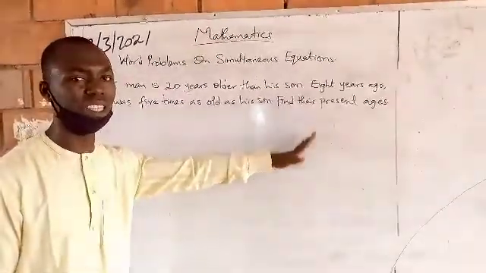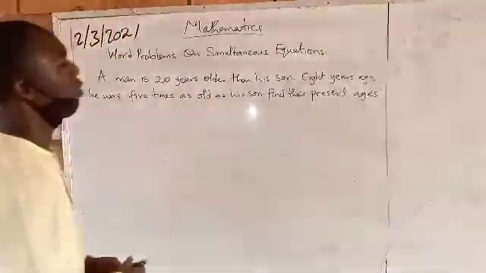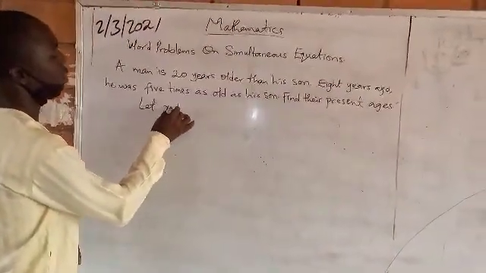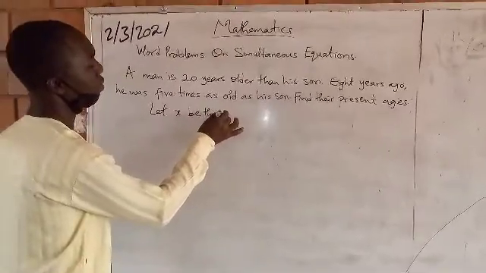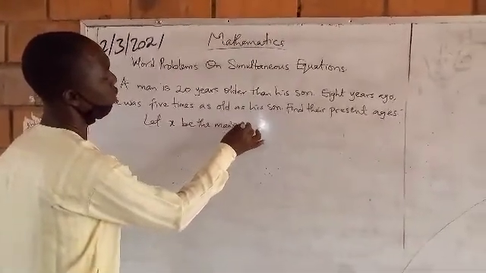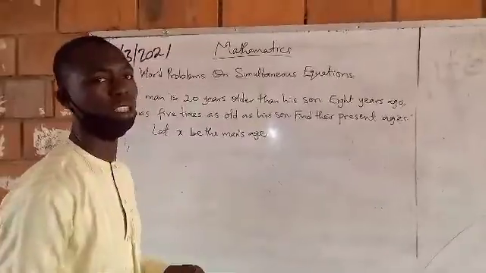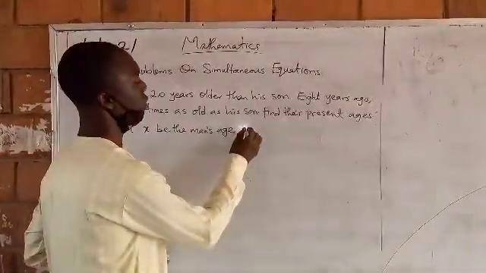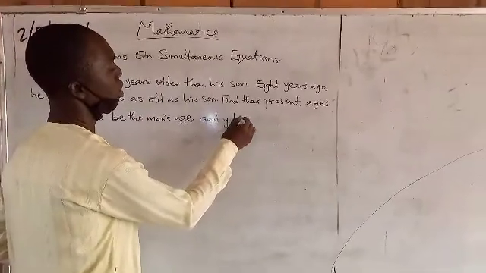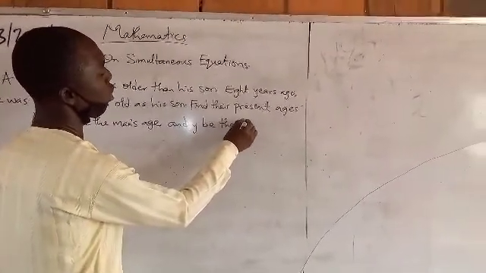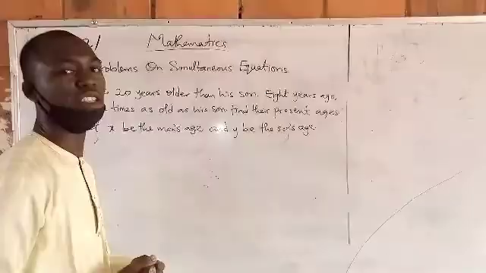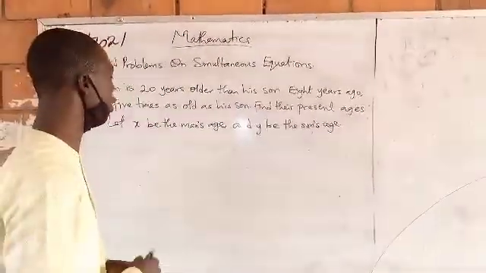Find their present ages. Now, the first thing to do is we let x be the man's age. We represent the man's age with a variable x, and y be the son's age.